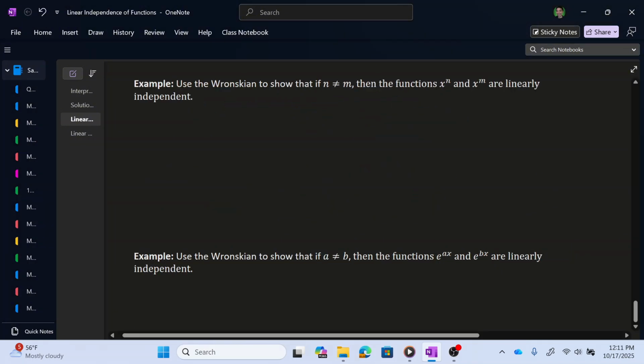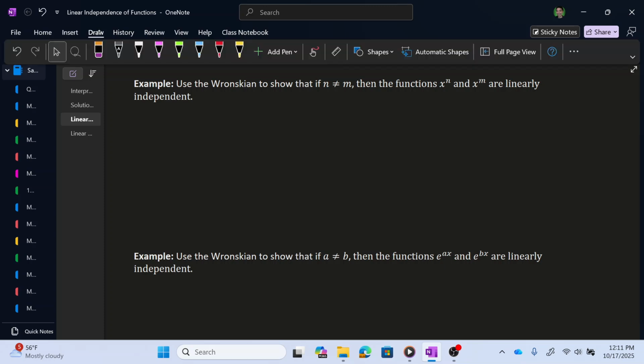So let's practice using the Wronskian to check whether a pair of functions is linearly independent or not. And in particular, let's use the Wronskian to prove that if we have two power functions, x to the power n and x to the power m, that these two functions form a linearly independent collection.